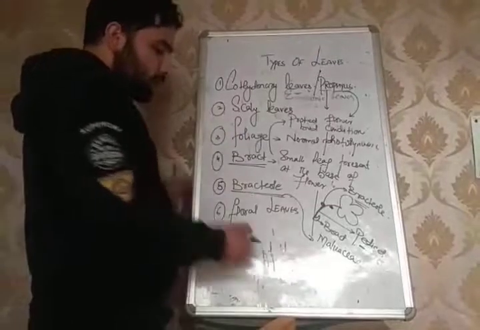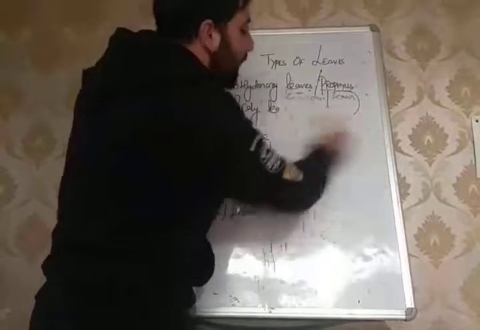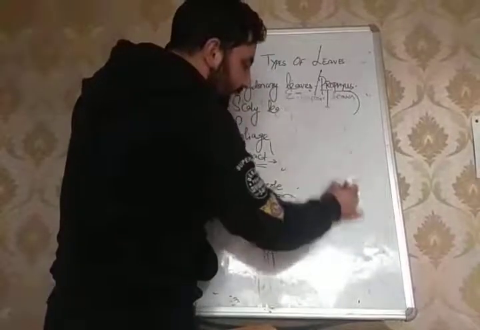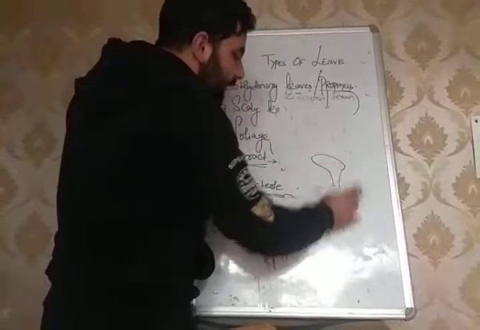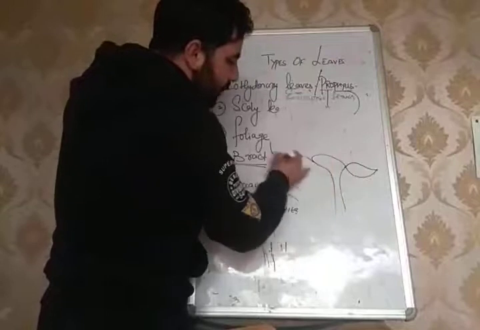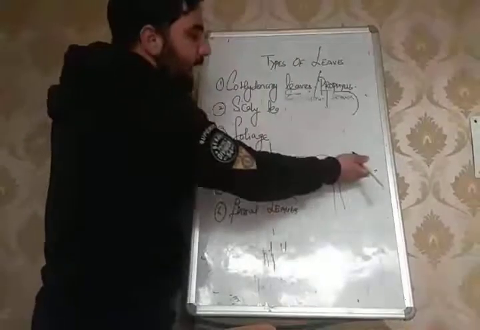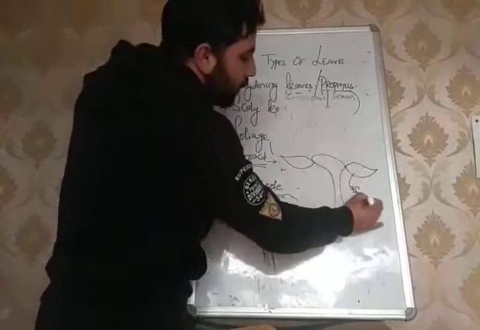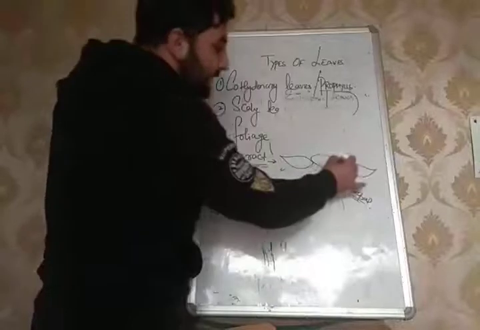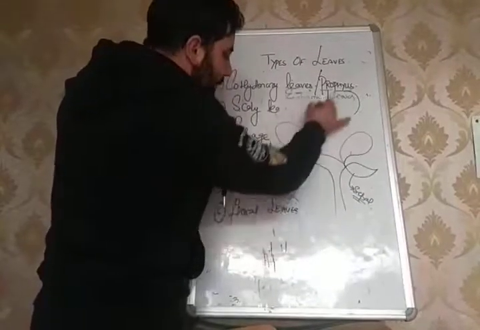Now last but not the least, that is regarding the floral leaves. जब floral leaves की बात करते हैं, floral leaf को समझाने के लिए बेटा I have to draw the diagram, a simple diagram of flower. This is actually the stalk of flower, and this one is the sepal, which is usually green in color, leaf-like, and there is no doubt कि अगर आप outermost whorl of flower, that is sepal को आप leaf बोलोगे because it is leaf-like. दूसरा जो whorl है बेटा, this second whorl is called petal.